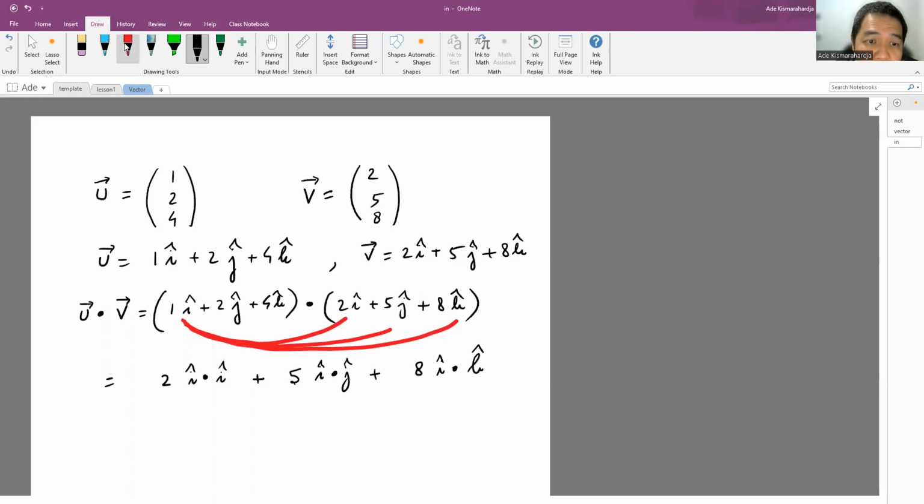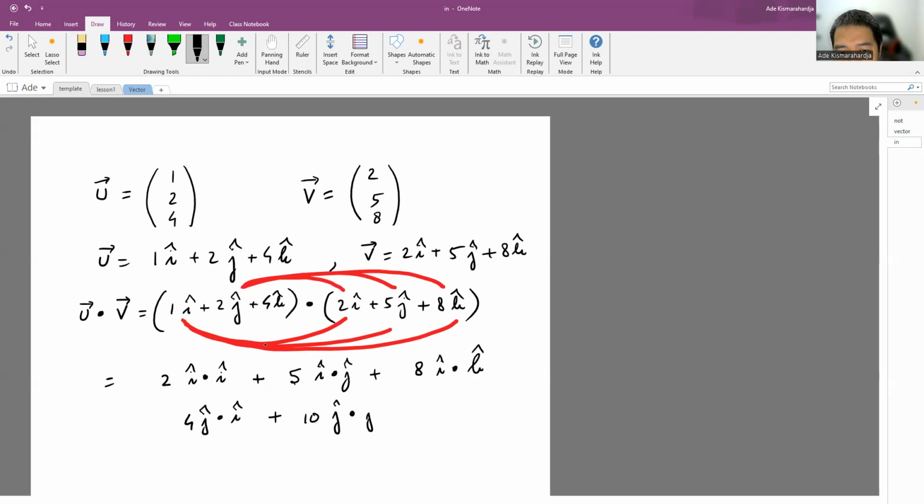The next one is when you multiply 2j with these terms. So what are they? 2j dot 2i, that's 4 j dot i. And then next, 2j dot 5j, that's 10 j dot j, and so on.